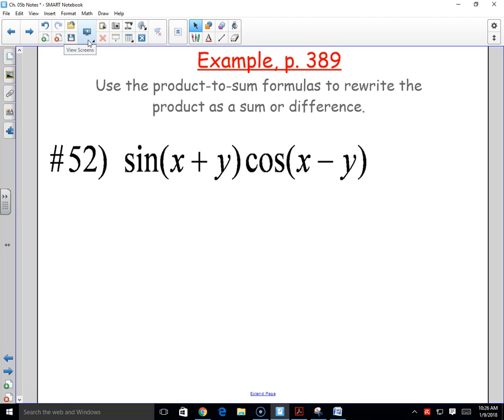Here we go. You guys have the product to sum formulas written down in your notes that you can reference? Product to sum. As you guys are writing this, let me give you a hint as to why you're looking at these specific formulas.